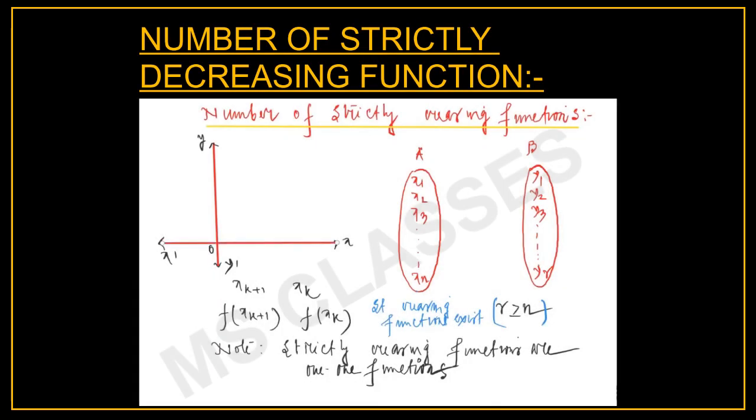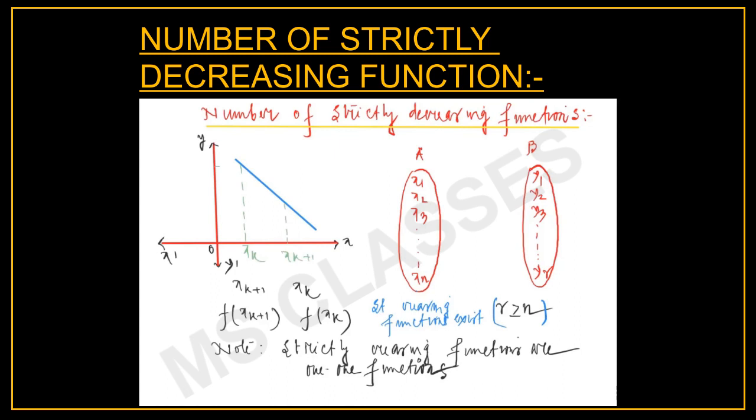Number of strictly decreasing functions. Now, what is the meaning of a strictly decreasing function? We take one example. Here we have xk and xk plus 1.